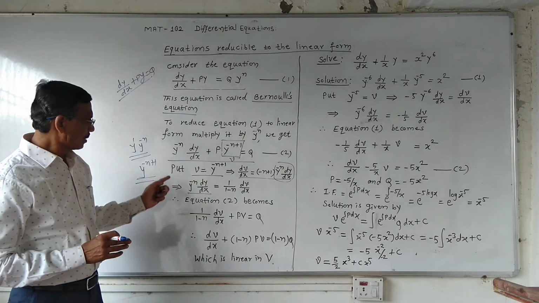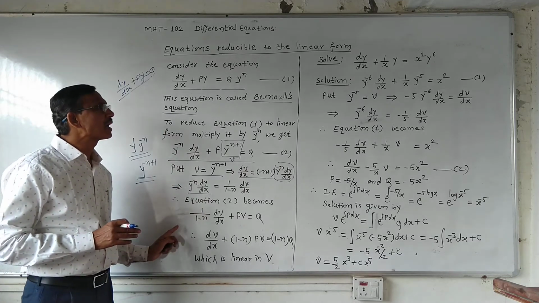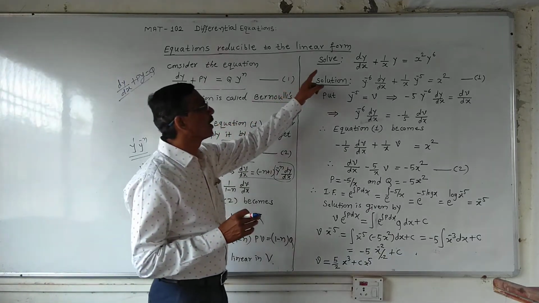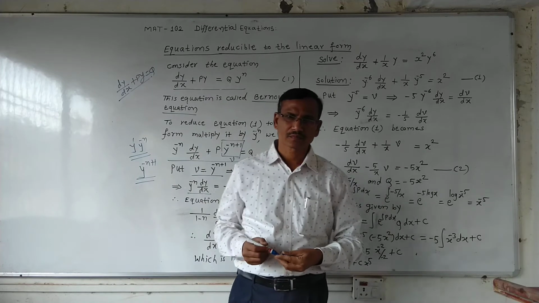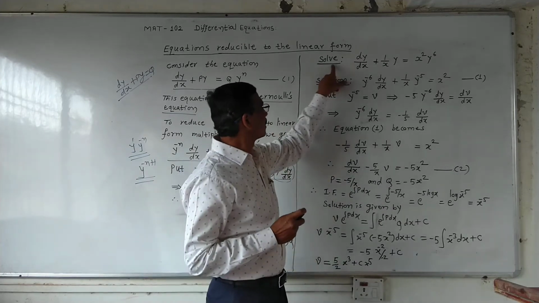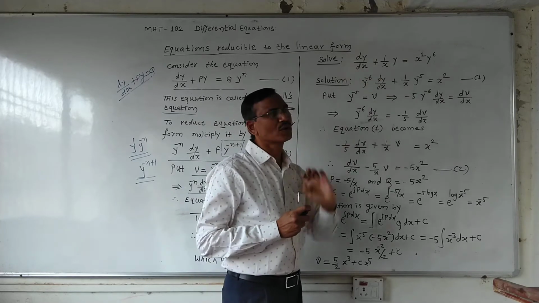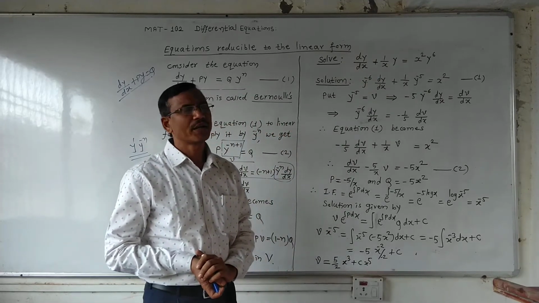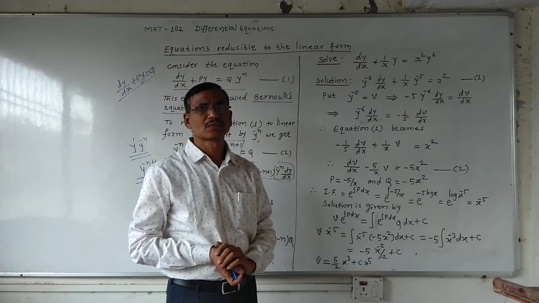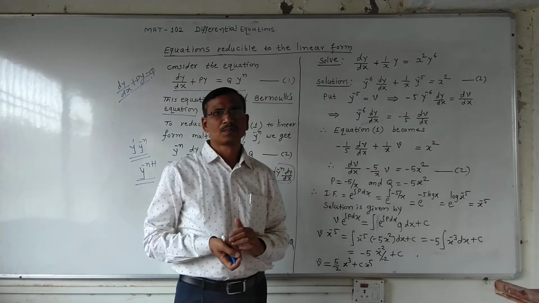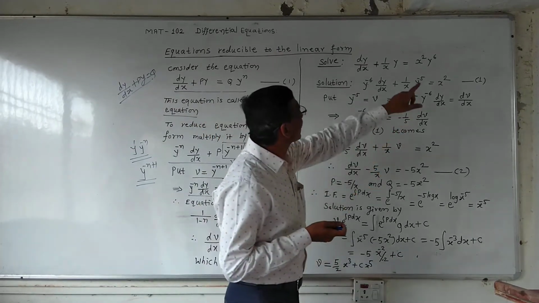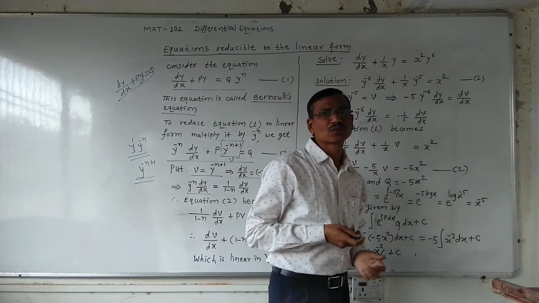This procedure will become clear if we consider one example. We shall consider the problem dy by dx plus 1 by x y is equal to x square into y raised to 6. We have to solve this problem. You can observe that the right hand side is x square y raised to 6.